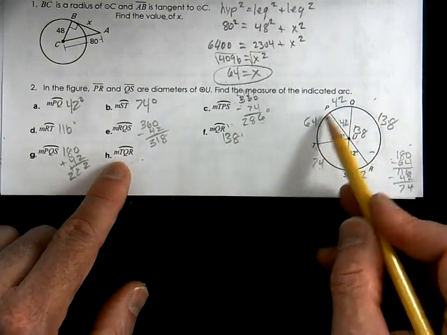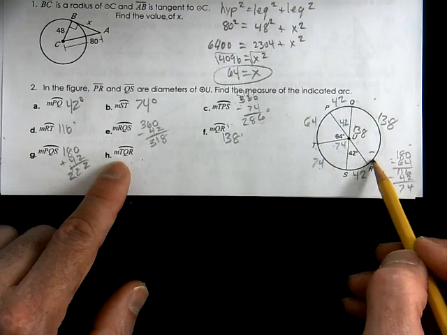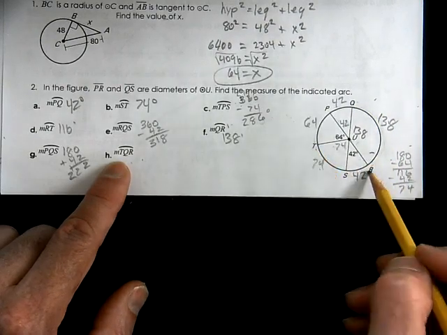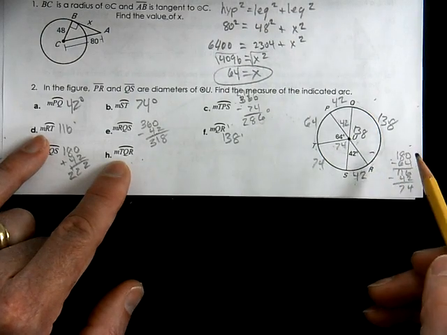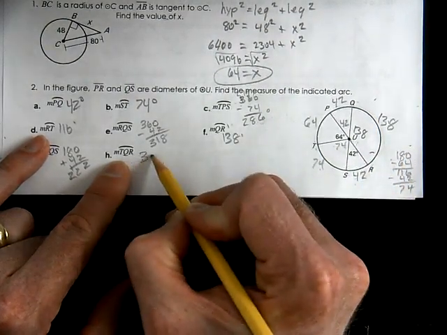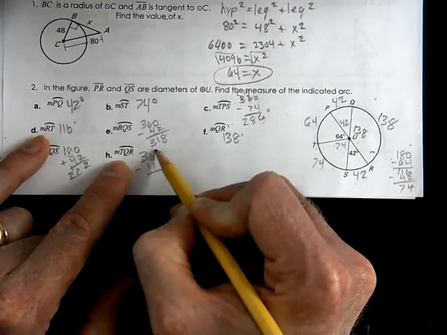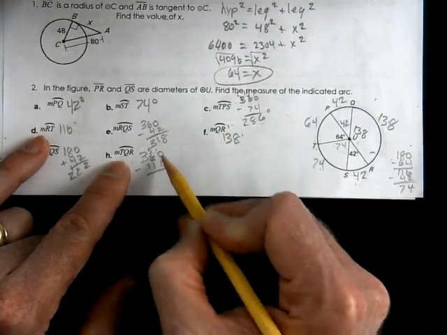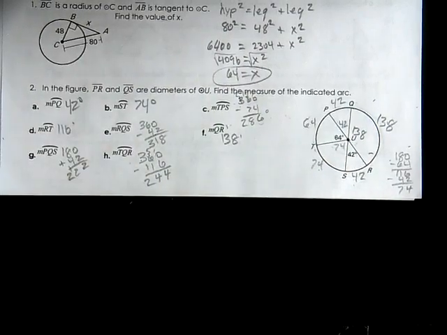And TQR is everything but TR. We already figured out TR is 116. So it's 360, not counting our 116. So that looks like 244.